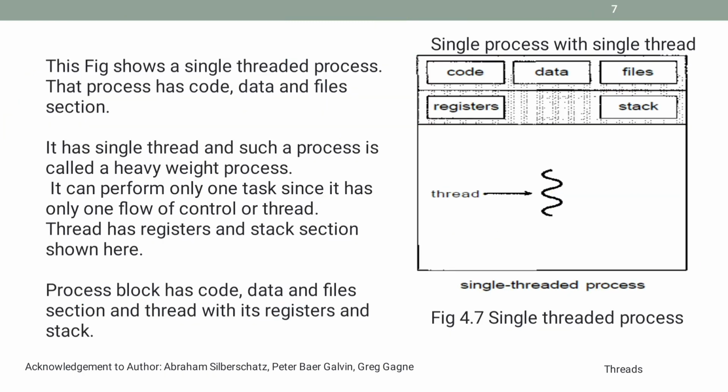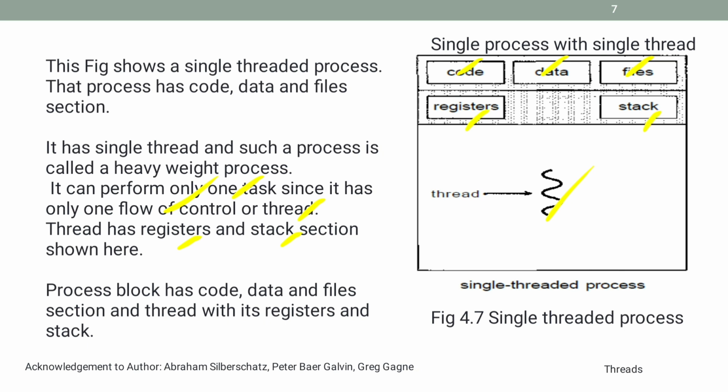So the figure shows a single-threaded process. The process has code, data and file sections. It has a single thread, and such a process is called a heavyweight process. It can perform only one task since it has only one flow of control, or thread. The thread has registers and stack sections, which are shown here.